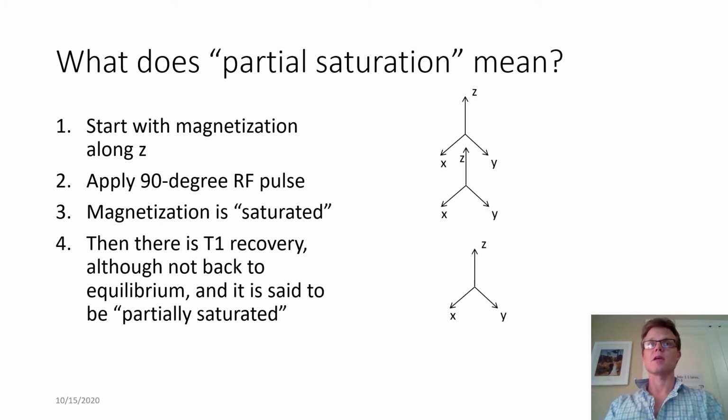Now, building on this example, what does partial saturation mean? Well, start with the same scenario, the net magnetization along the z-axis. We're going to apply our 90-degree RF pulse. At this point, the magnetization is saturated. But then there's some amount of T1 recovery of the net magnetization.